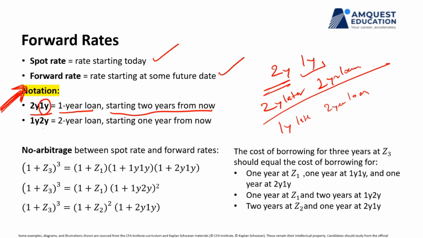So you should know how to write the equation. If you cannot write the equation, it would be challenging to solve the equation itself. Right? If you don't know how to write a 2y 1y or a 1y 1y, it would be difficult. So if I say I'm going to take a 3 year loan after 1 year, how do you write the equation? What should be the notation? I want to take a 3 year loan after 1 year.